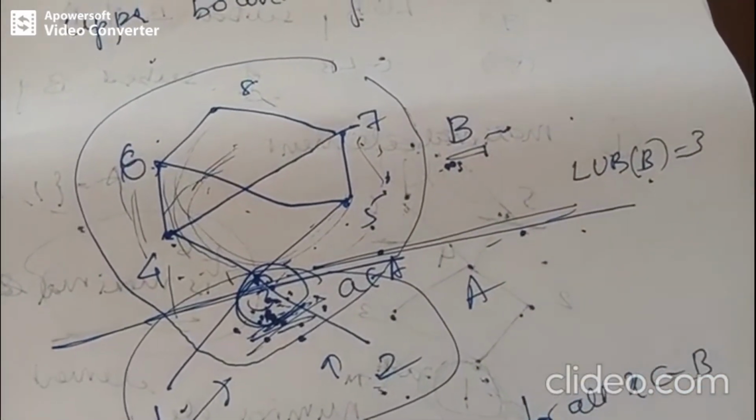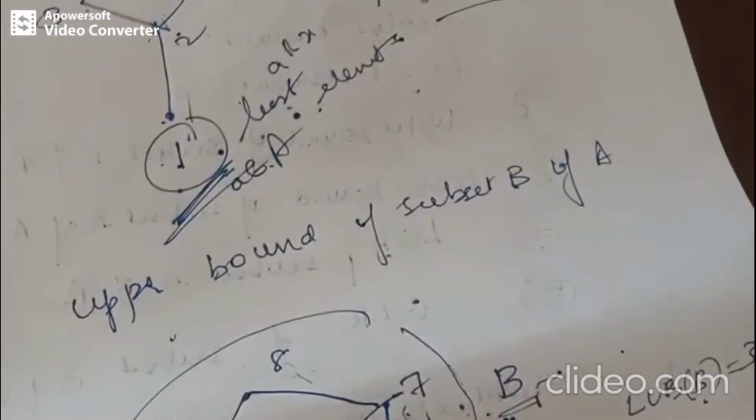So, coming to the next concept, that is the concept of greatest lower bound. So, what is this greatest lower bound?